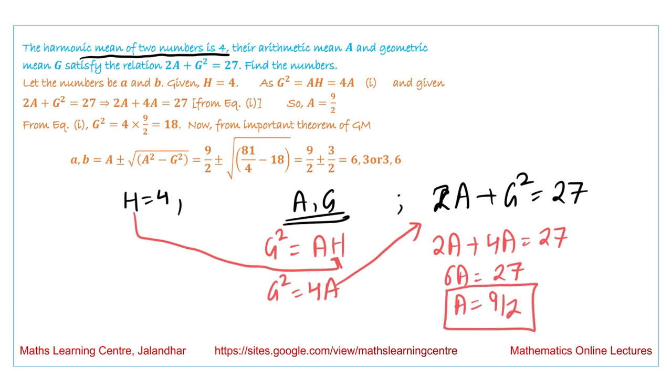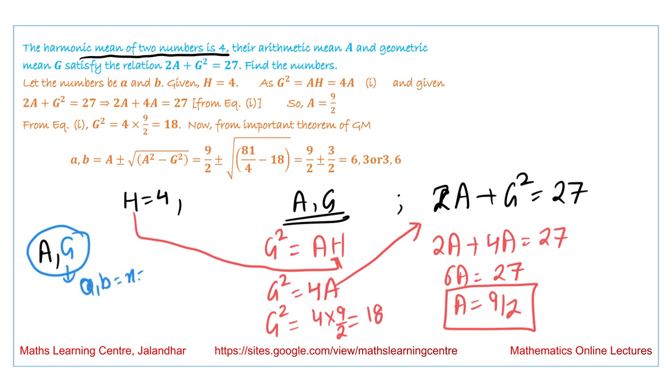Now if a is equal to 9 by 2, the value of g square we obtain is 4 into 9 by 2, that is equal to 18. This is the value of g square we have. Now we have to calculate the value of a and b. Now we know that if a is the arithmetic mean and g is the geometric mean between two numbers, then the two numbers are given by a and b, that is equal to A plus minus square root of A square minus G square.